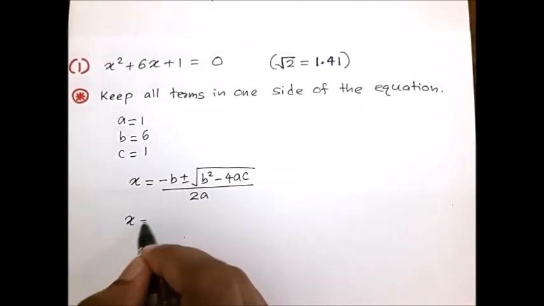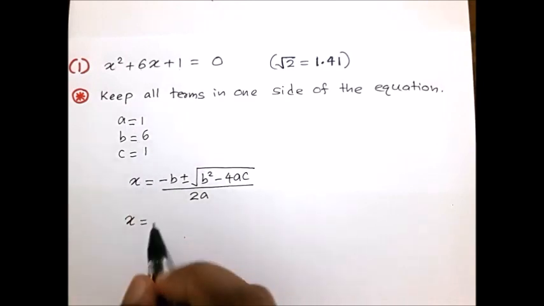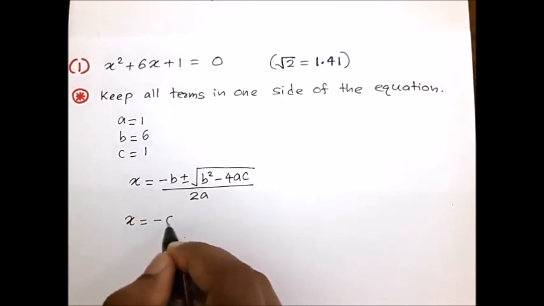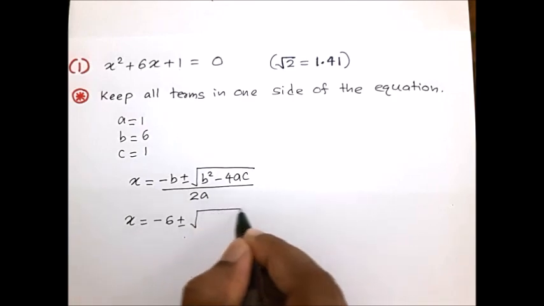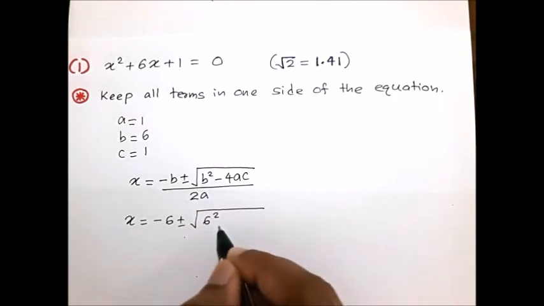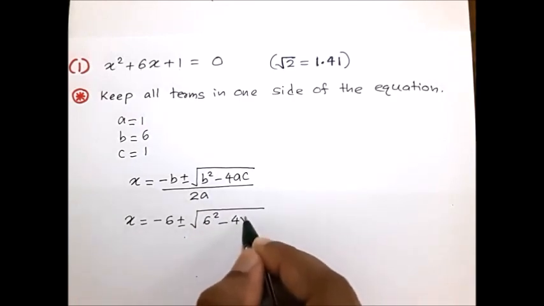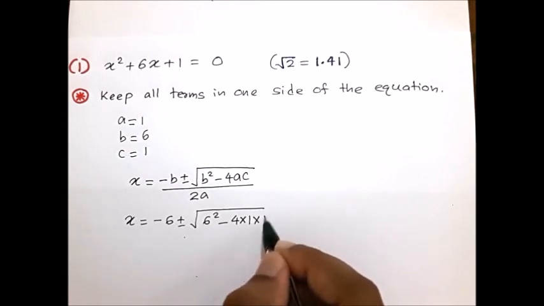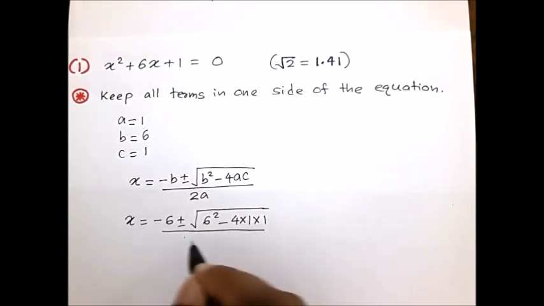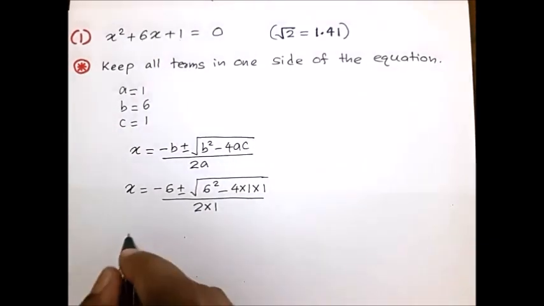Now substitute the values of a, b, c. b is 6, minus b, then minus 6. b to the power 2, it is 6 to the power 2. 4, a is 1 and c is also 1. Divide by 2a, 2 multiplied by a which is 1. So 2 multiplied by 1.